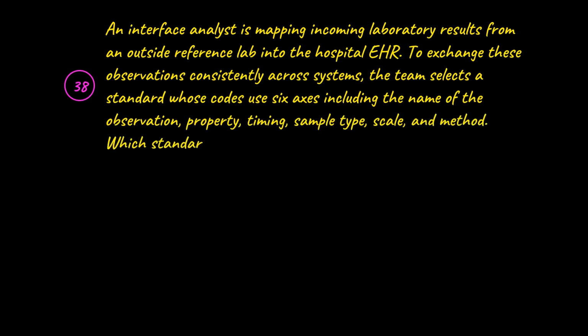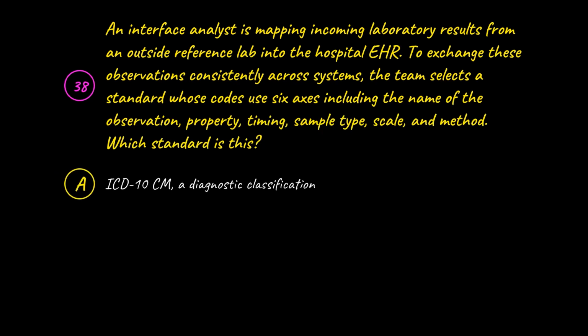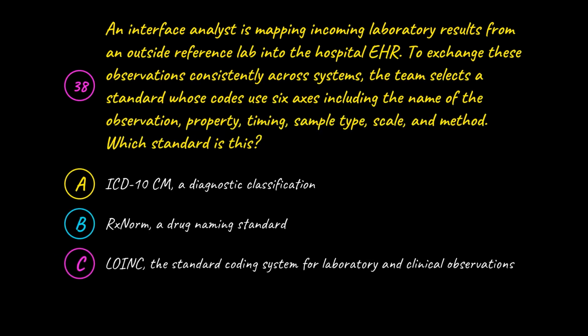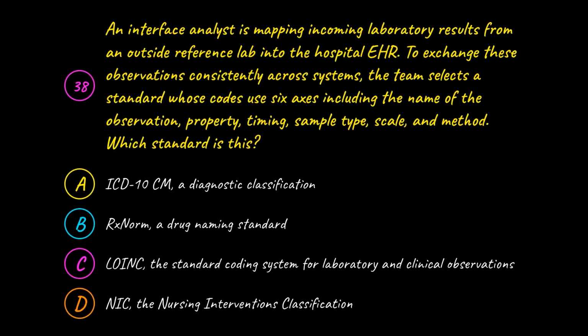Which standard is this? Your options are A. ICD-10-CM, a diagnostic classification. B. RxNorm, a drug naming standard. C. LOINC, the standard coding system for laboratory and clinical observations. D. NIC, the nursing interventions classification. Which would you go with? Lock it in before the reveal.